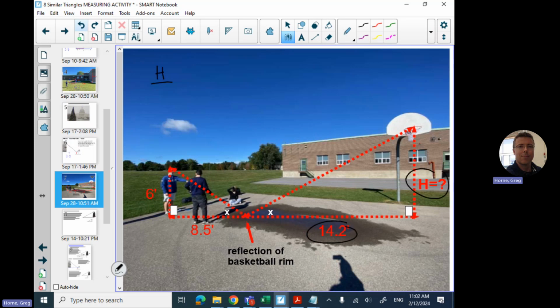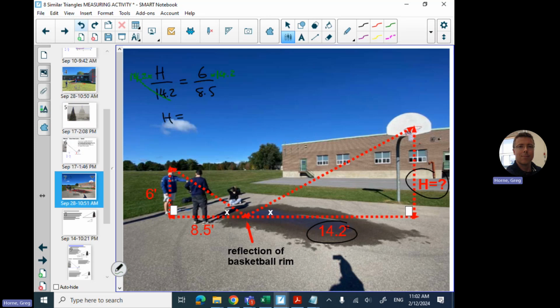So if we did height over bottom, we do the other height over bottom. In which case we're multiplying both sides by 14.2, canceling that out, leaving us with just the height that we're looking for.